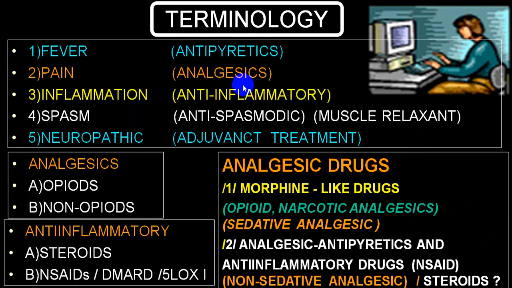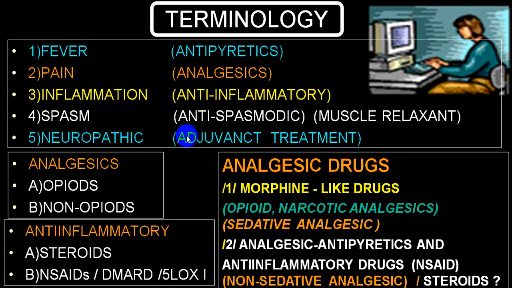Now we come across what we call the four big groups: antipyretic, analgesic, anti-inflammatory. These are the three main groups of drugs. And the fourth group we call antispasmodic and muscle relaxants.